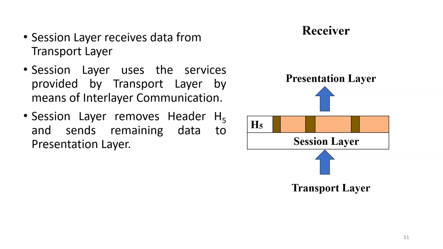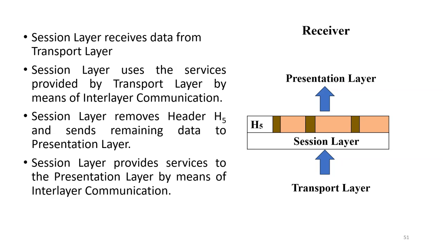and sends the remaining data to the presentation layer. Here we can see that the session layer provides services to the presentation layer by means of interlayer communication. This means the upper layer, that is the presentation layer, uses the services provided by the lower layer, that is the session layer.